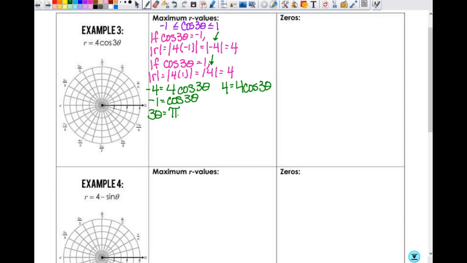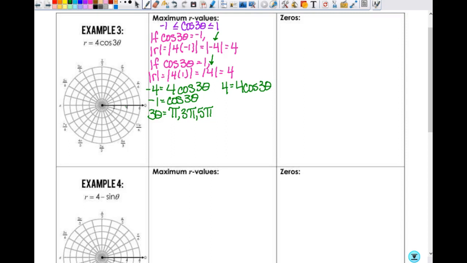Because if this is a 3, I have to triple my 0 to 2 pi range there. So instead of just pi, like this is your -1, it's pi. So this is 2 pi. This would be 3 pi. And this would be 4 pi, and then 5 pi. And then that would get me through 6 pi. Okay, so if you have something other than just theta, if it's 3 theta or whatever, that changes the amount of angles you have to have right there.